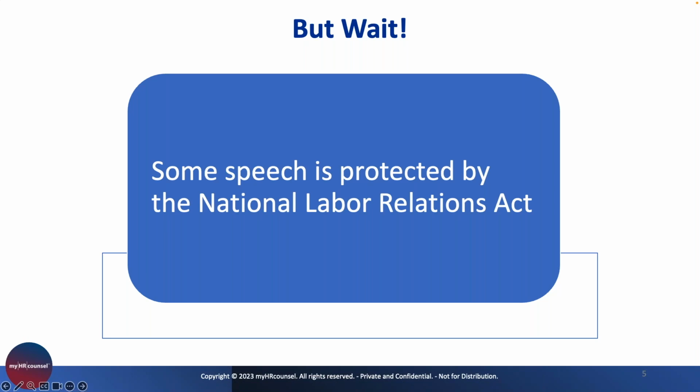But if they are sharing compensation in social media or reporting unsafe working conditions or unfair pay data, pay equity, or complaining about working conditions with coworkers, including discussions about unionization, you cannot tell them to take that down, even if they have the company logo up there or identify themselves as a company employee.